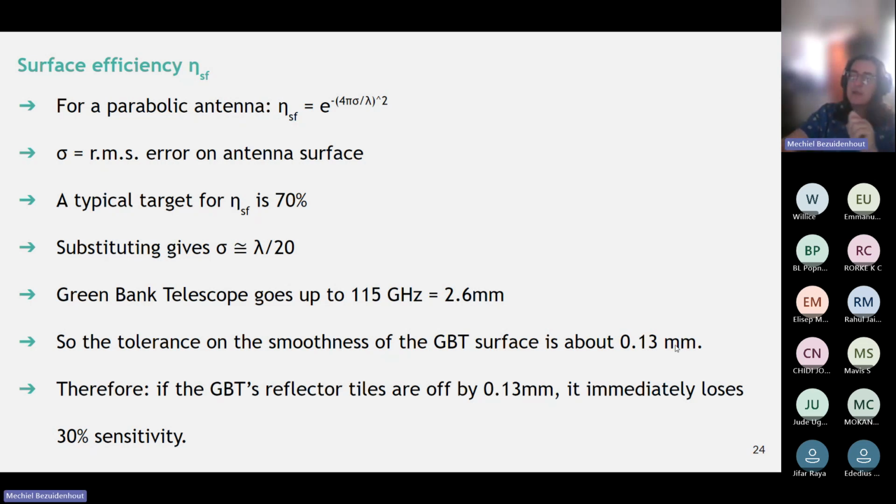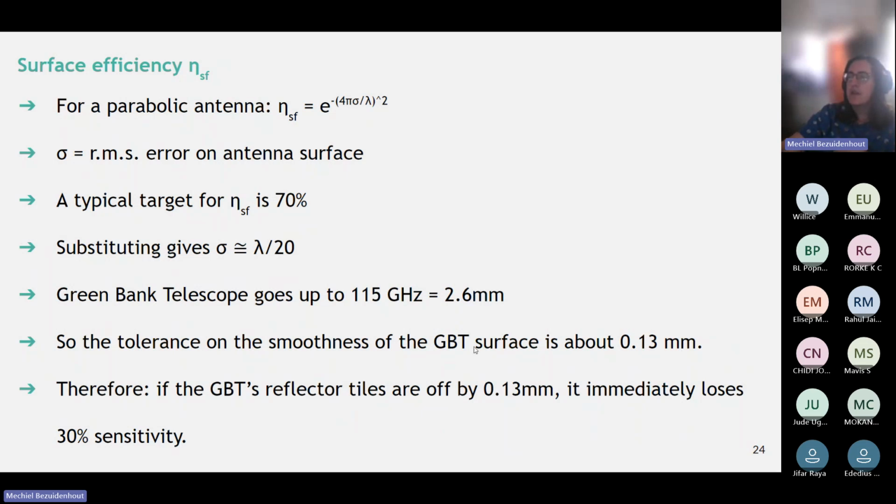So if the GBT's reflector tiles are misaligned, if the surface is off by a tenth of a millimeter across that 100 meters of the dish, then immediately you lose 30% of the sensitivity of the telescope. This illustrates how extremely important it is to make sure the surface of the dish is flat, and that gets more and more complicated the larger the dish that you build.